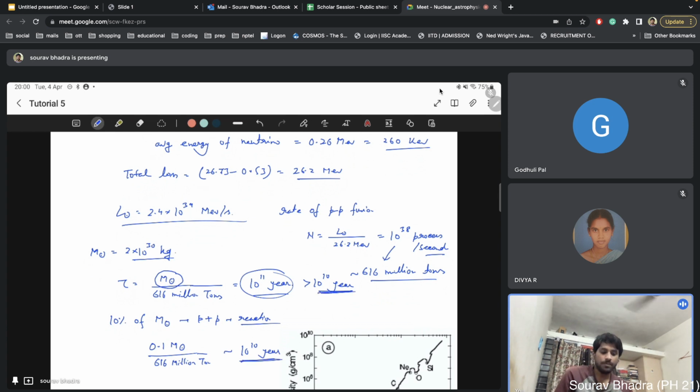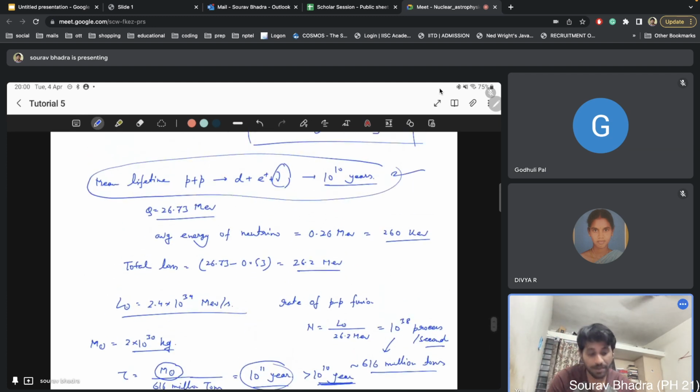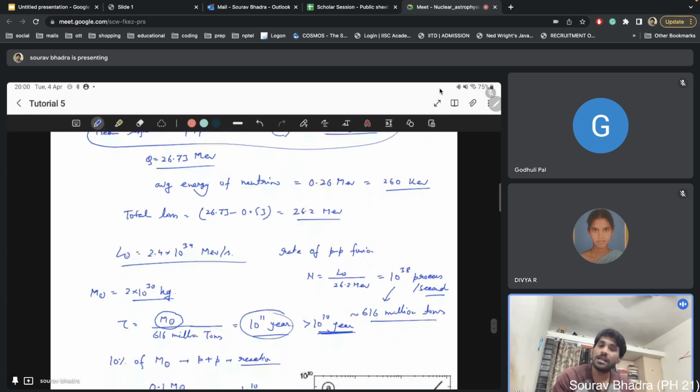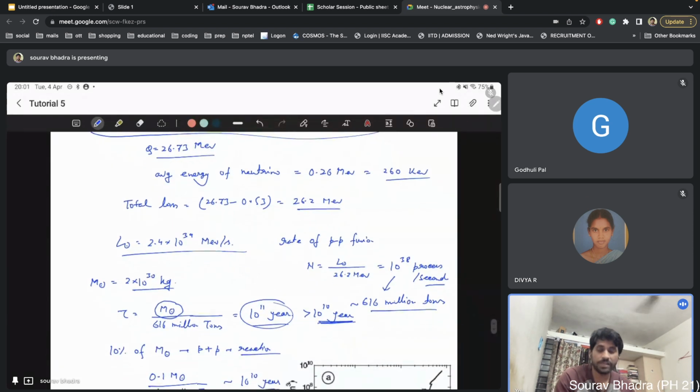So one lifetime we calculate from the nuclear burning rate, which is the mean lifetime of the reaction, and the other lifetime we calculate by using the liberated energy for each PP chain and dividing the total luminosity by that liberated energy. These are two different ways of calculating the lifetime.